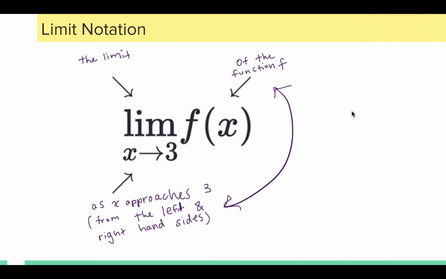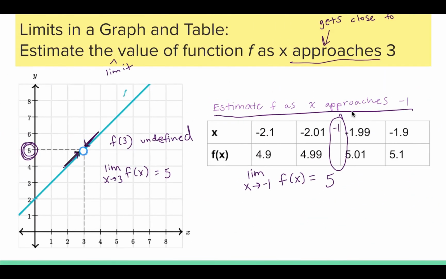Going back to our graph, I said the limit as x approaches 3, so I'm looking from both the left and the right hand side. You can see the arrows I drew came from both sides. Same thing here: if I was looking at the limit as x approaches -1, I looked from both sides.